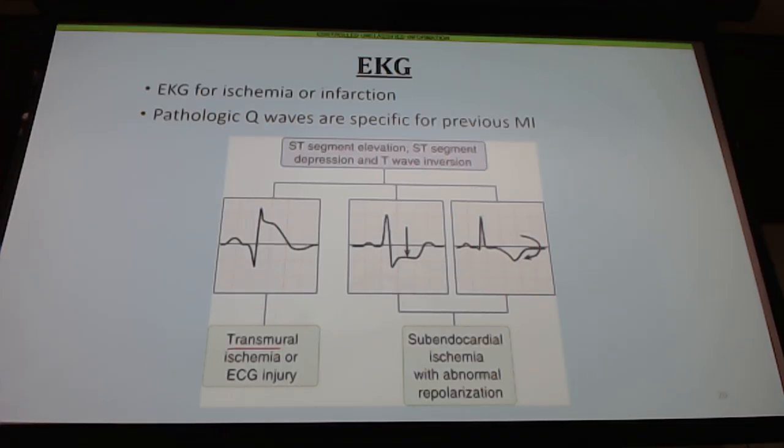Now compare that to when you have ST depressions or T-wave inversions, which is indicative of subendocardial ischemia. So there still is a stress, but it's very limited as far as the depth in the myocardium that's being impacted.